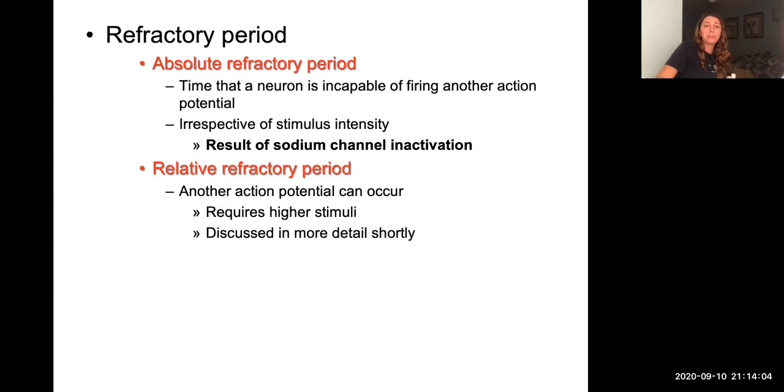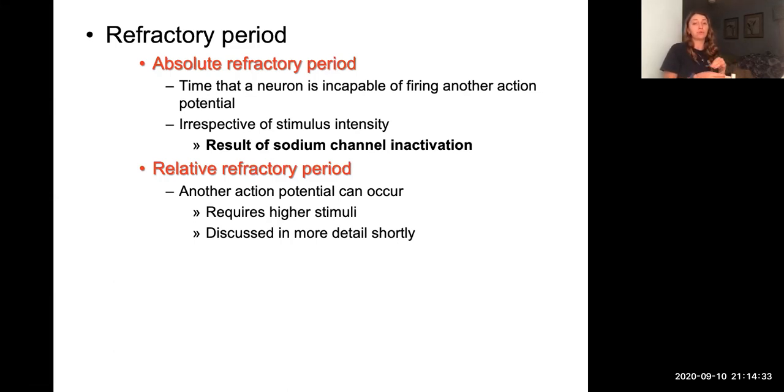Okay, so absolute refractory period: the time that a neuron is incapable of firing another action potential, irrespective of stimulus intensity. So she really emphasized that regardless of how big the stimulus is, in absolute refractory period, there's no way that another action potential can fire. She said that it's partly a result of the sodium channel activation.